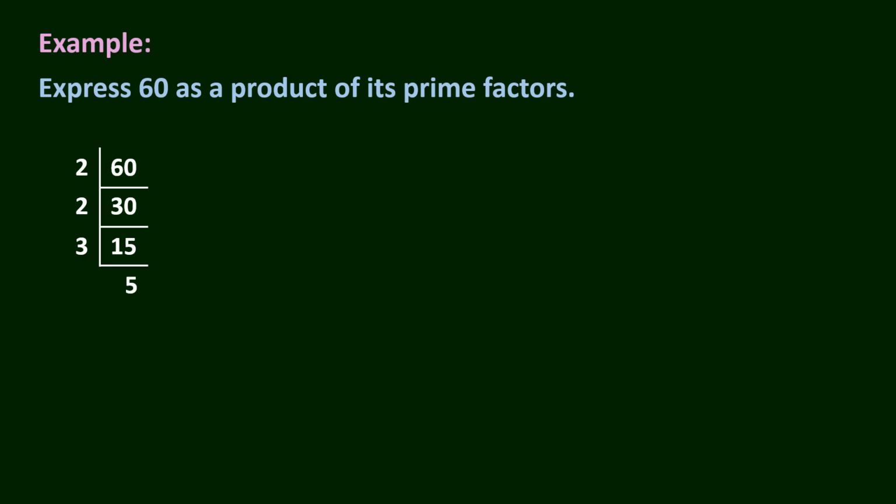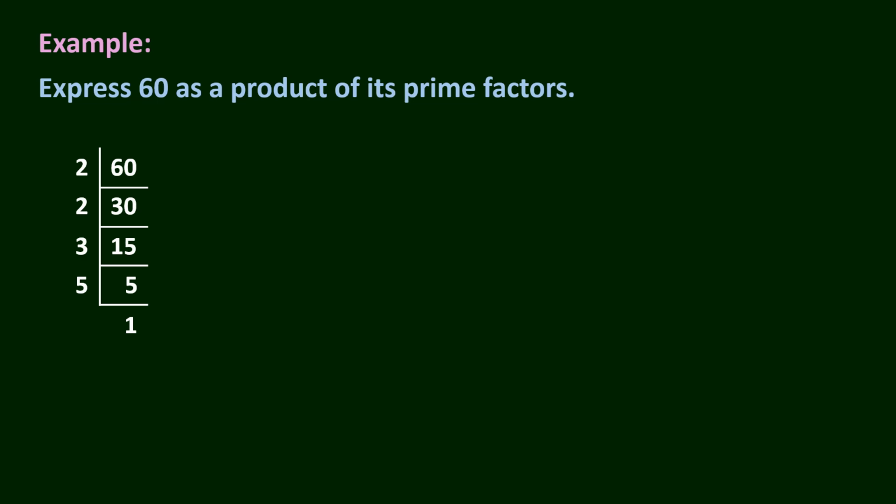You cannot divide further by 3, so jump to the next, which is 5. 5 divided by 5 is 1. Until you get 1, you should follow the steps.